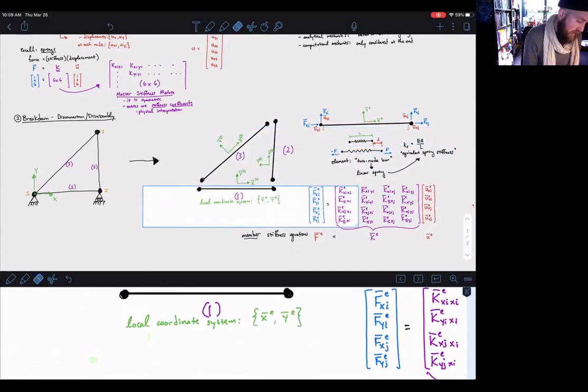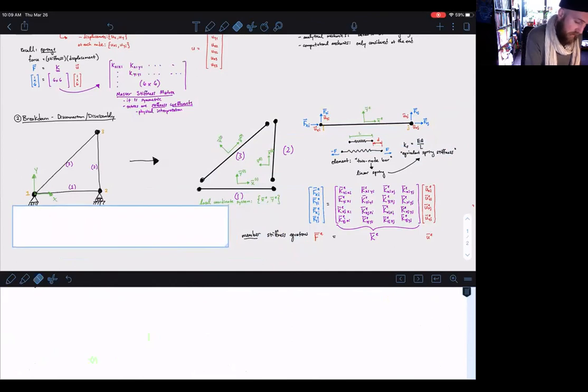That means we can come back and think about, okay, what are the forces in this system?